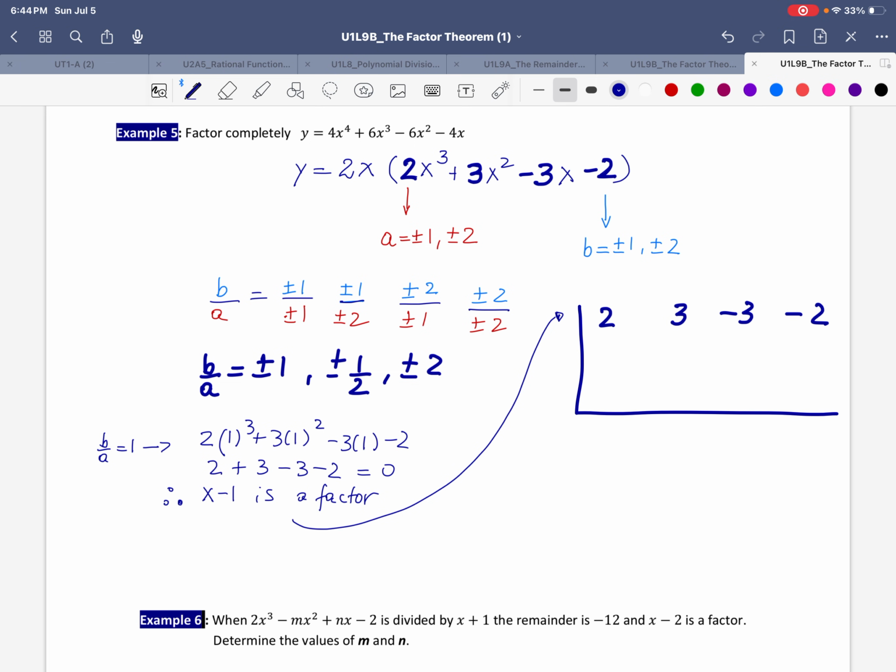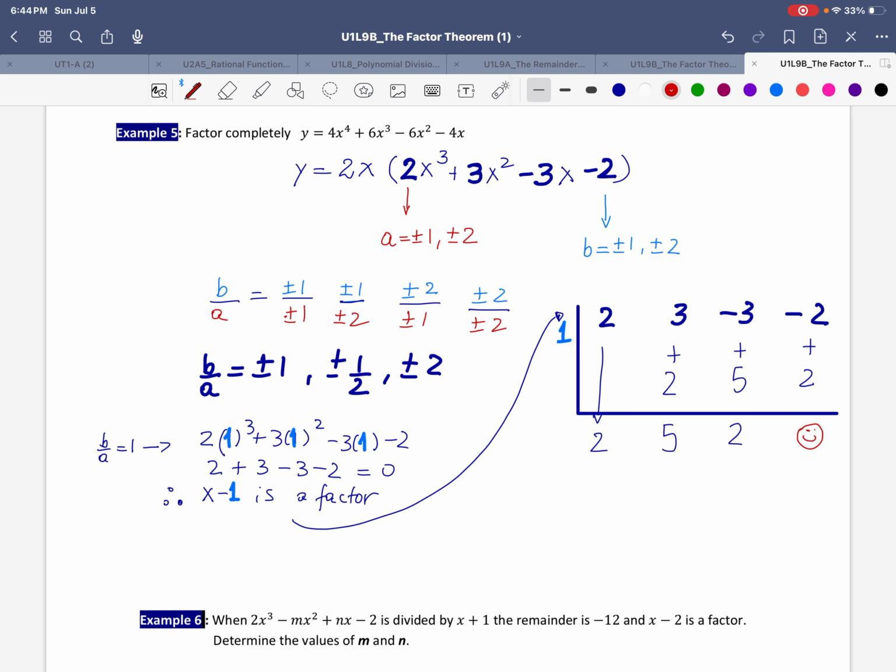We're drawing this half rectangle, bring 1 down here, and that is going to be this number 1 here. And we'll start dividing. Bring 2 down. 2 times 1 is 2, 3 plus 2, 5. 5 times 1, 5, negative 3 plus 5 is positive 2, 2 times 1, 2, negative 2 plus 2 equals 0.